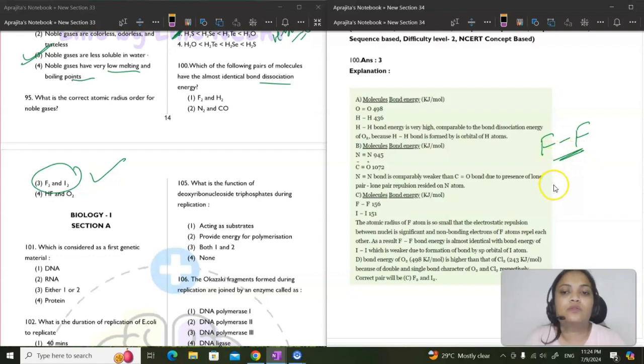So there will be electrostatic repulsions, and the non-bonding electrons of fluorine repel each other, and because of those repulsions the bond energy will be comparable to that of the iodine bond. So yes, the answer is going to be option number 3.